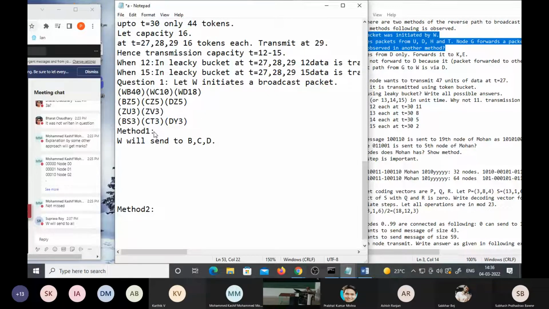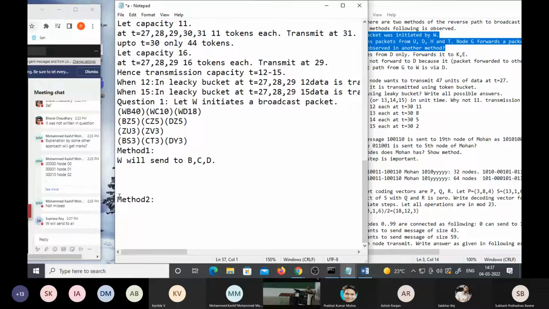Do you agree or not? Those of you who agree, yes or no? Agree, not agree? Type agree, not agree. Because W is only connected with B, C, and D, and the delay on B, C, D is given.